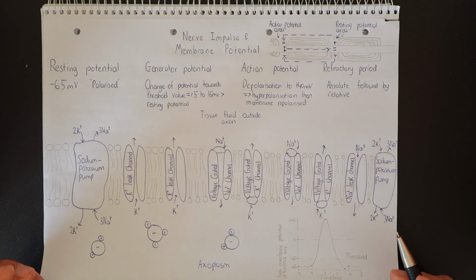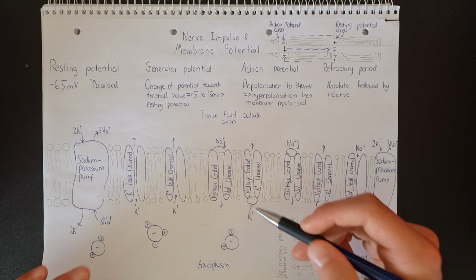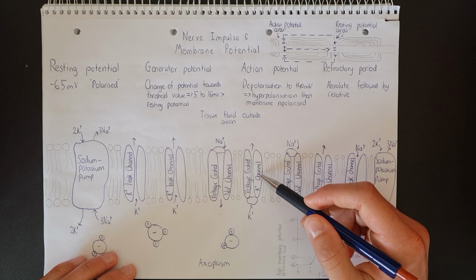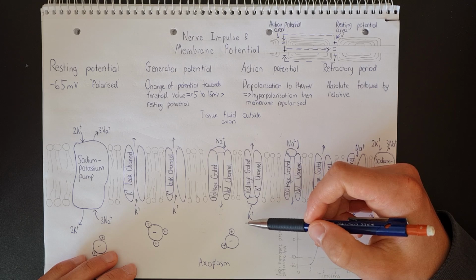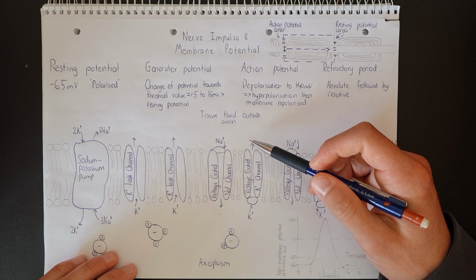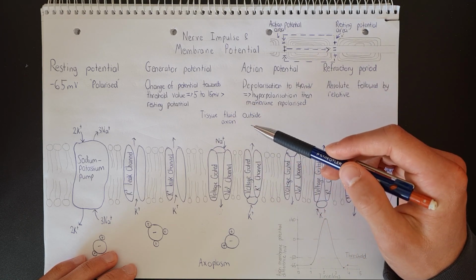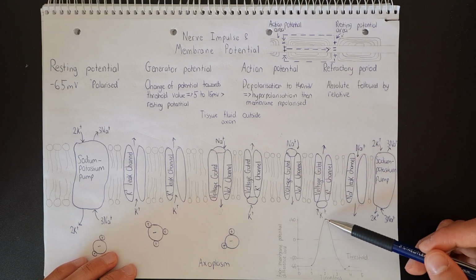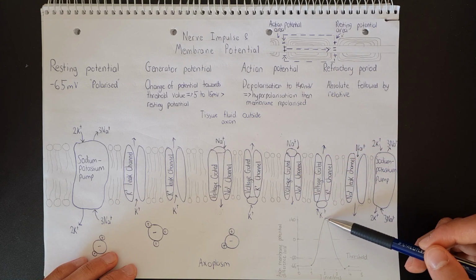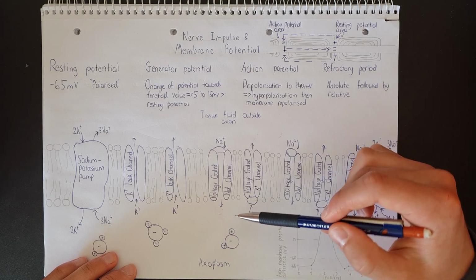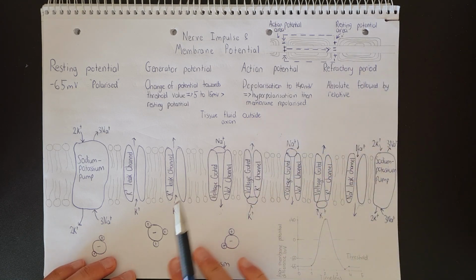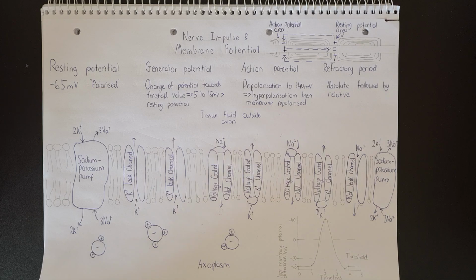Now, this depolarization is going to stimulate the voltage-gated potassium ion channels to open. These potassium ions will diffuse down their concentration gradient into the tissue fluid outside of the axon. So from that plus 40 millivolts, where we were depolarized, the voltage-gated potassium channels will open, potassium ions will leave, so the axoplasm will become more negative.